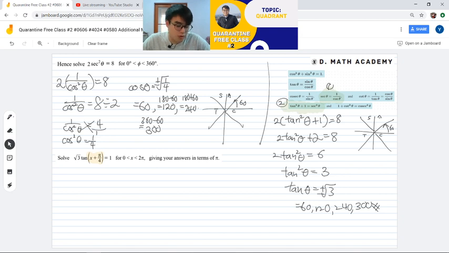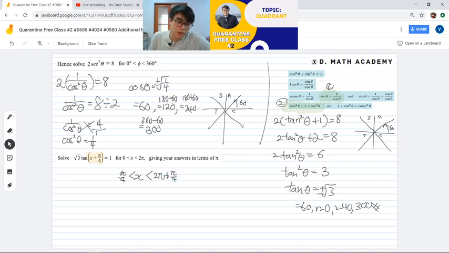So what you're required to do first is to accurately identify which range they are actually referring to. So your 0 plus pi over 4, then you will get pi over 4 to 2 pi plus pi over 4.